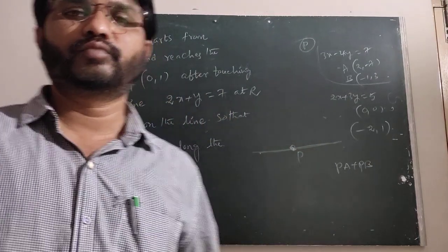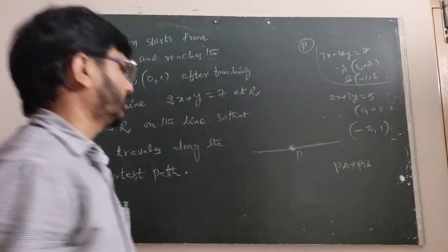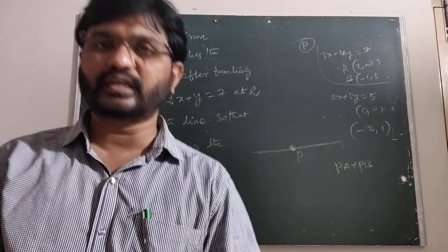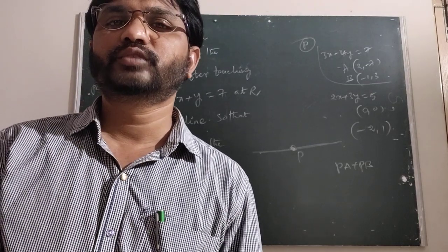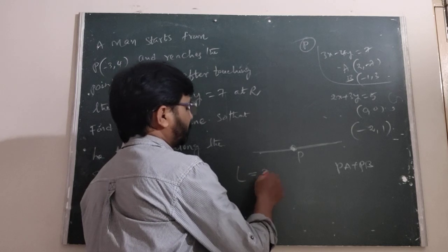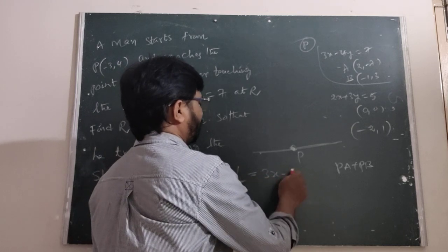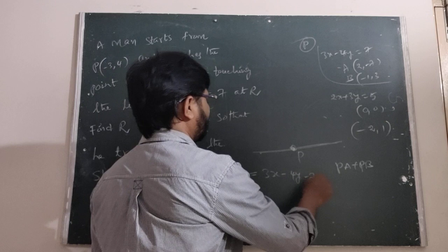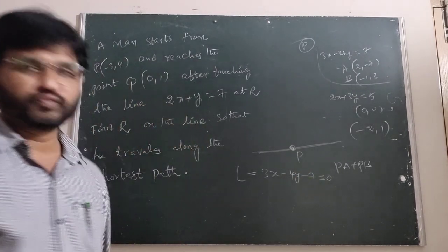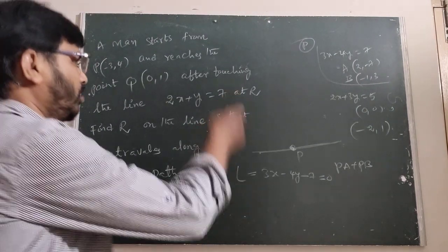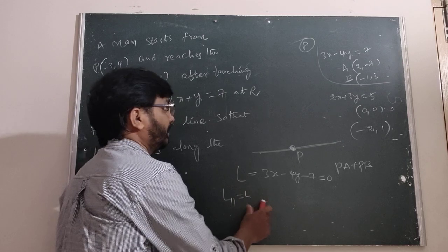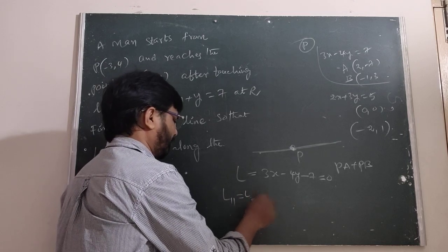First we can verify whether the points lie on either side of the line or on the same side. Suppose the line is L: 3x minus 4y minus 7 equal to 0. Is it okay? Now we substitute the first point, L11, that is L(A), where A is 2 comma minus 7.